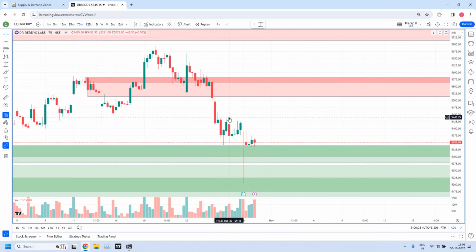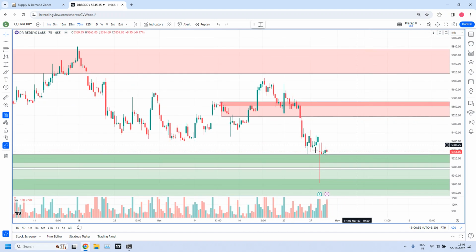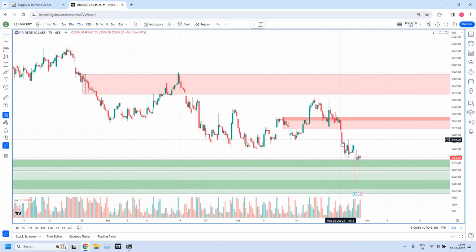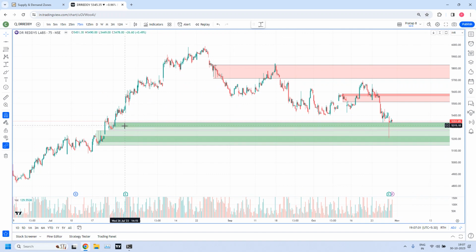The prices went up and reached the 75 minutes target previously. Now what happened? See how easily it passed through, because it is already tested. We didn't have any fresh 75 minutes zone inside the first demand zone.